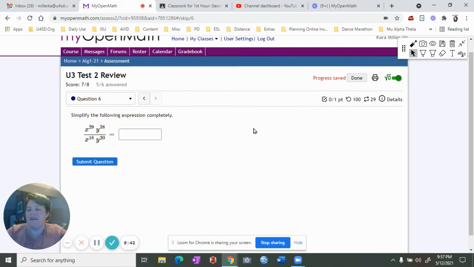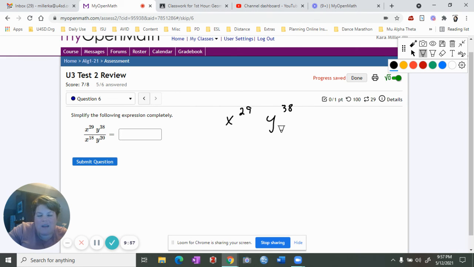Last one. It's messier. It's easier than it looks, okay? It looks messy, but it's really not that bad because we have x to the 29th y to the 38th, and I'm putting space between them for a reason. And then x to the 18th and y to the 20th in my denominator.